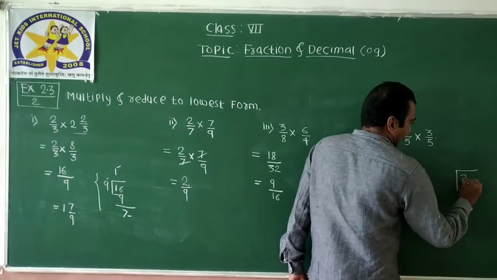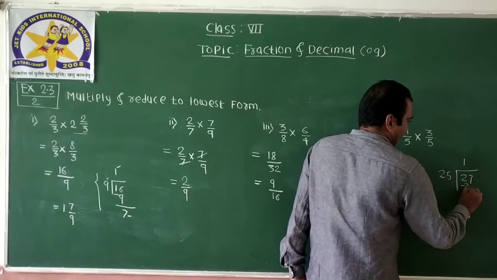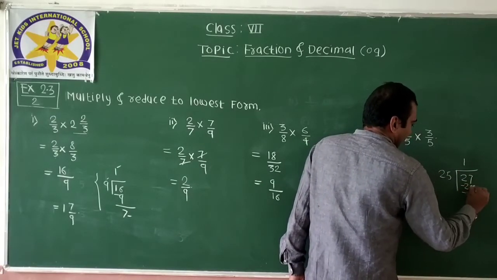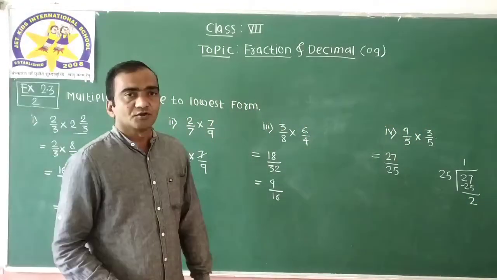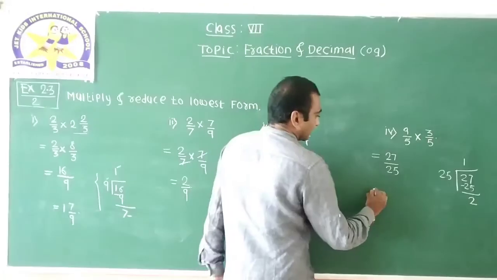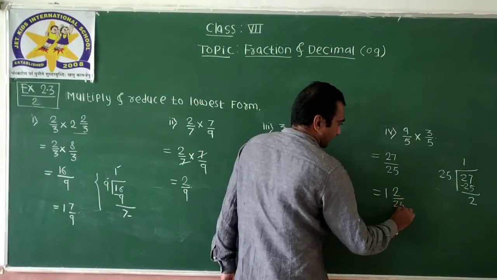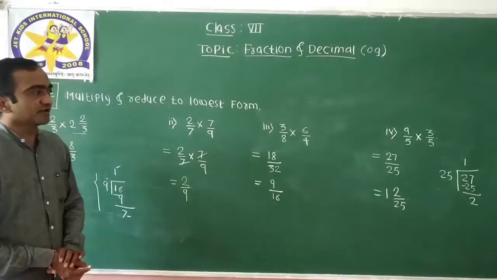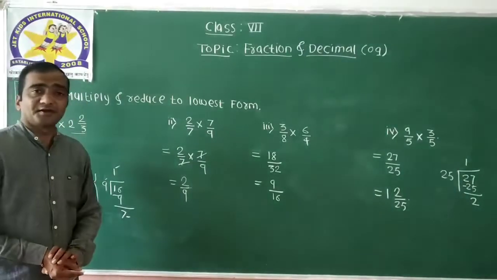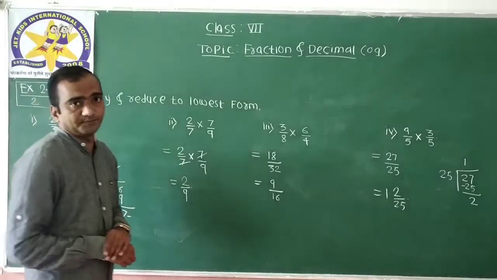Divide 27 by 25. 25 once is 25. 27 minus 25, we get remainder 2. So the mixed fraction will be 1 integer 2 by 25. Here we take first 4 questions of second.